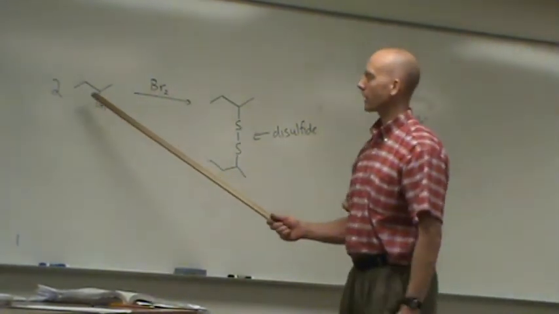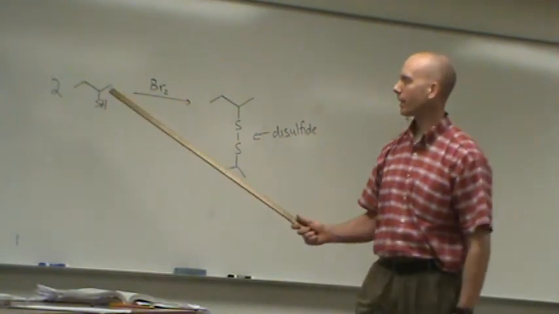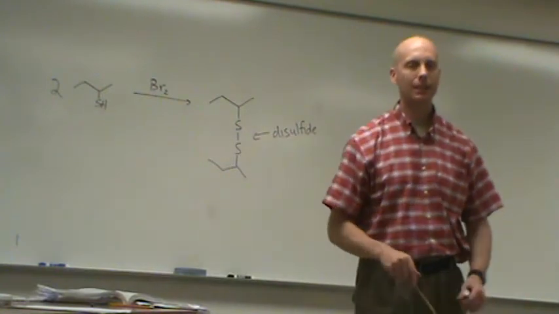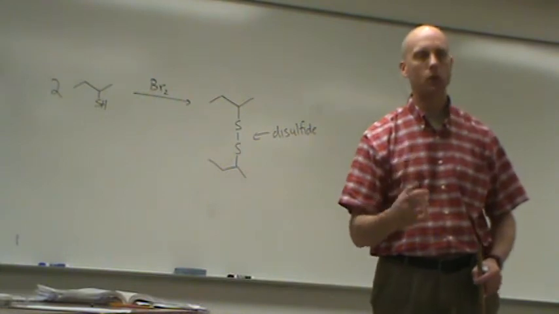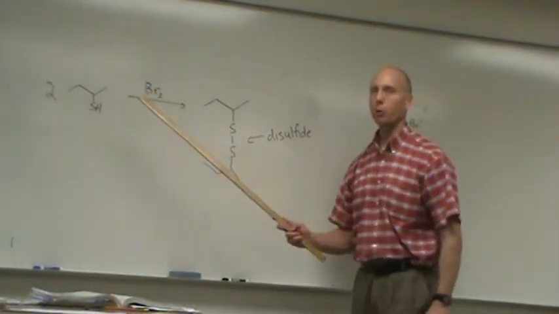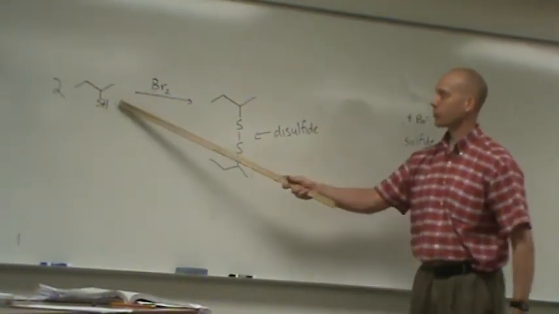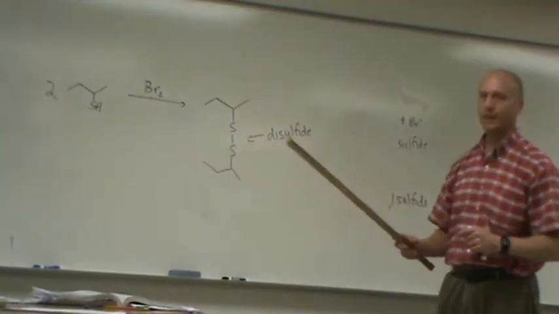Well, it turns out in your hair, you have thiols in one of the proteins, cysteine. And so when you go to get a perm, what happens is they have an agent. They don't use bromine, they use something else, that connects your cysteine proteins in your hair together like that.